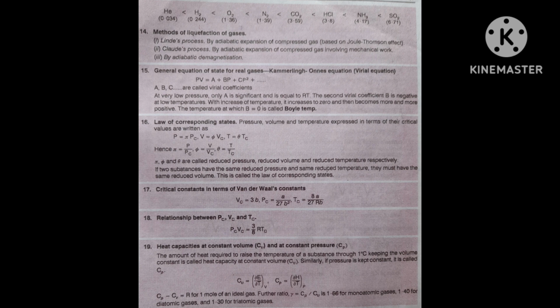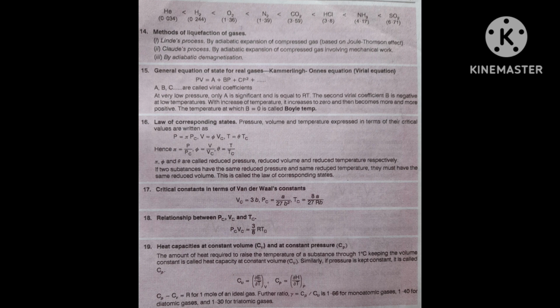Then for them, Cp upon Cv is equal to 1.66 for monoatomic gases and 1.40 for diatomic gases like H2, N2, O2. Correct? And 1.30 for triatomic gases like CO2, NO2. Correct? These have three atoms and are gases.